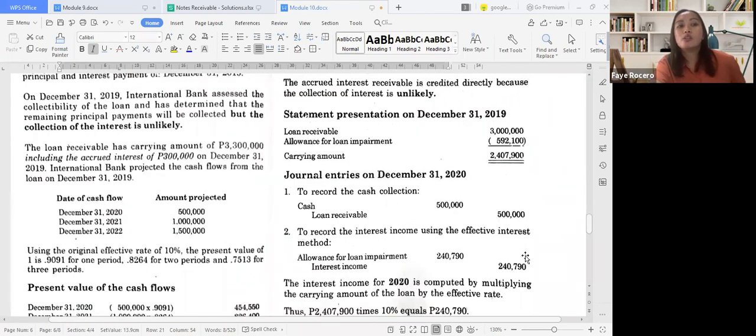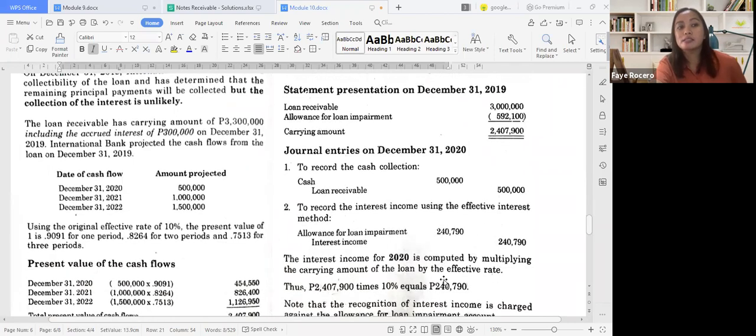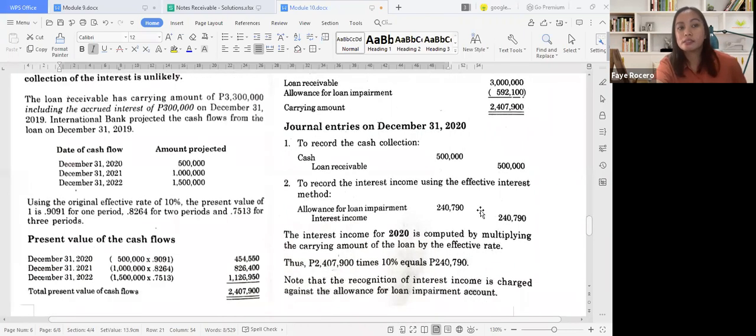So debit allowance for loan impairment. How did we arrive at this amount? Kasi the effective rate is 10%. So 2,407,900 times 10%, 240,790. So interest income credit, pero we are charging allowance for loan impairment, 240,790.